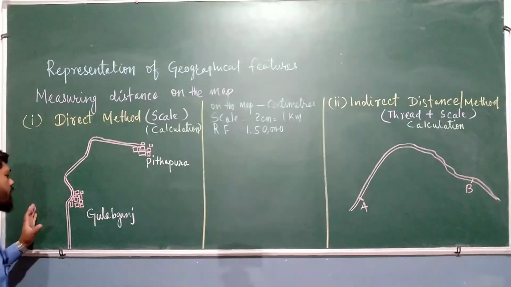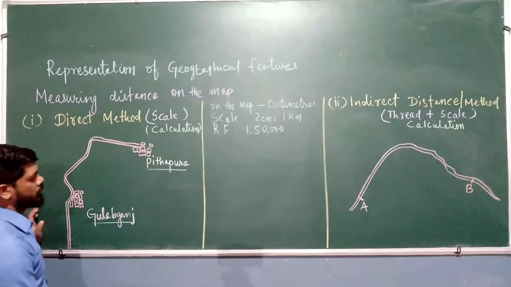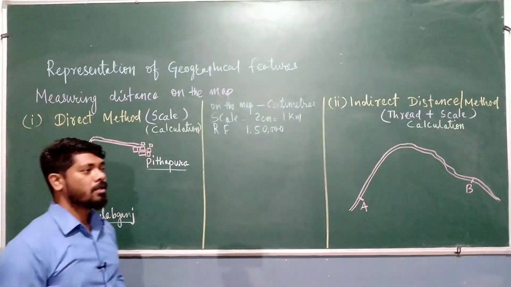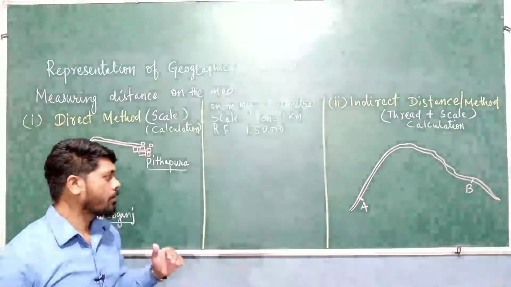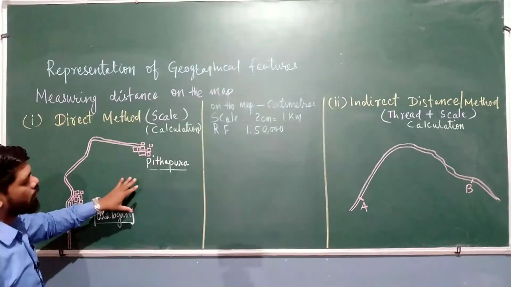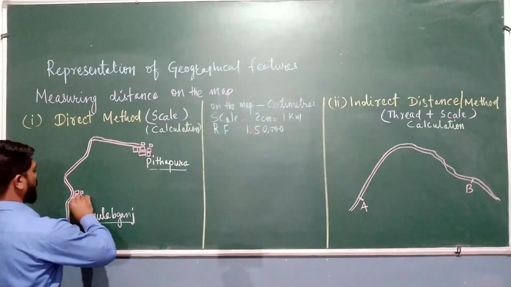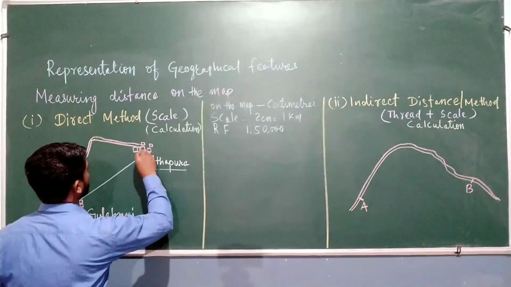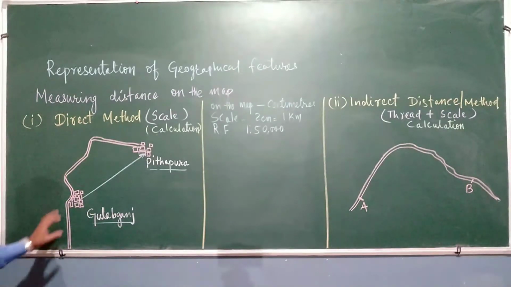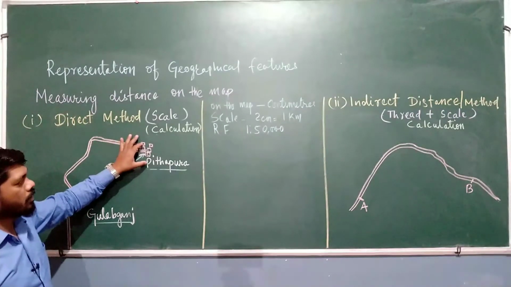Here two villages are given, Gulabganj and Pithapura. When we are asked to measure the direct distance between these 2 points, how do we measure it? This is Gulabganj, these are the settlements. From here to here you need to calculate, from Gulabganj to Pithapura.